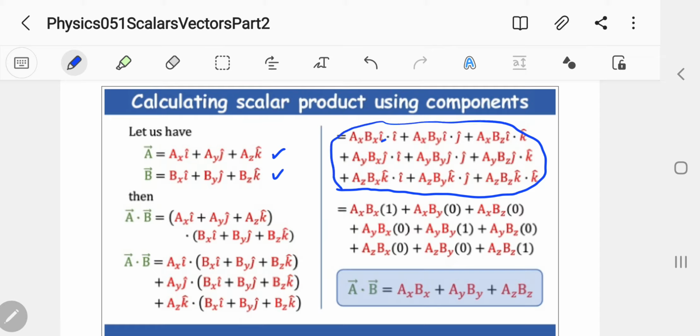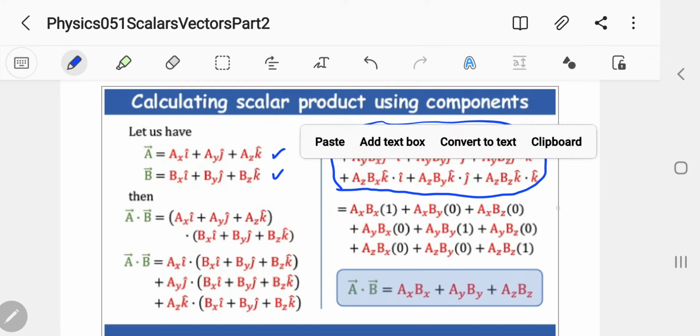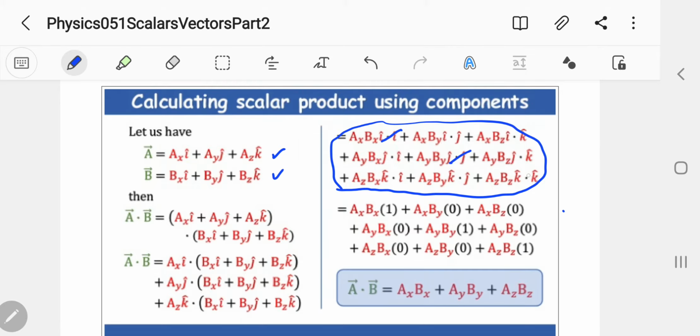I dot I would be equal to 1, J dot J would be equal to 1, and K dot K would be equal to 1. And I dot J would be 0, and I dot K would be 0. J dot I would be 0, J dot K would be 0, K dot I would be 0, and K dot J would be 0.